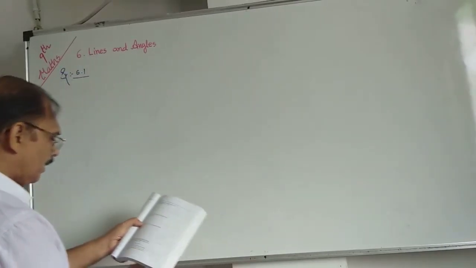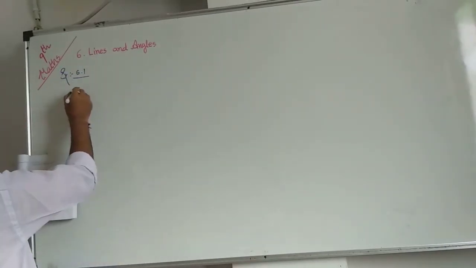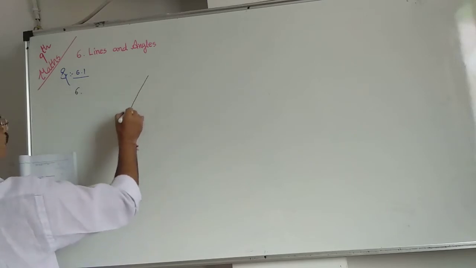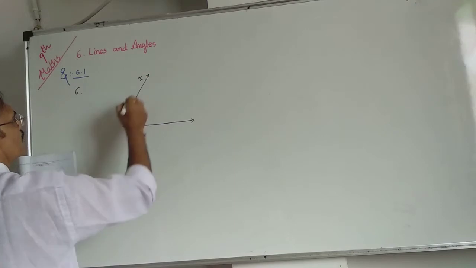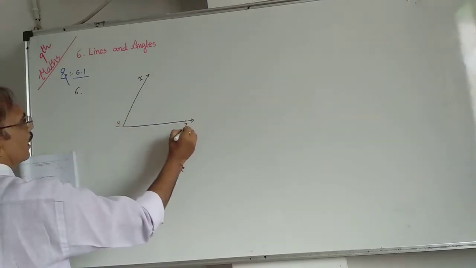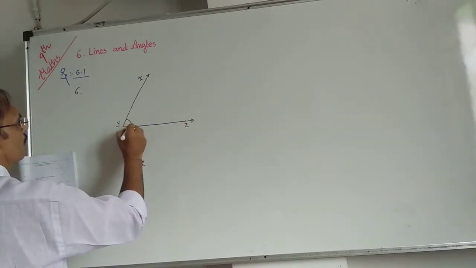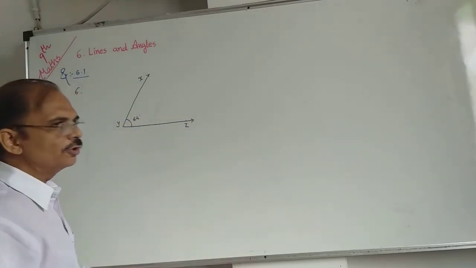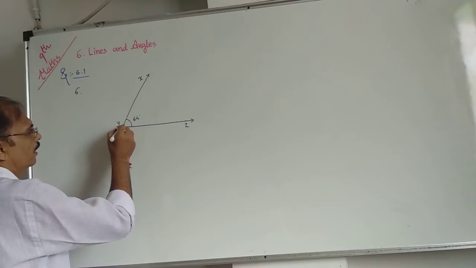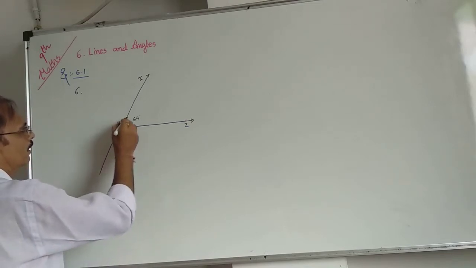It is given that angle XYZ is 64. Given that this angle is 64. XY is produced to point P. XY is produced, means extended.